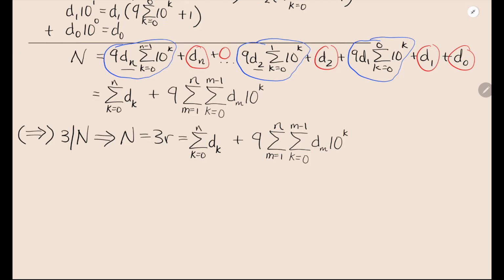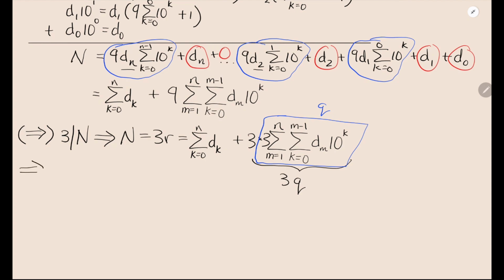So I'll call this 3 times q, because 9 is 3 times 3, and this part I'll call q. It's going to be a natural number, so 3q.